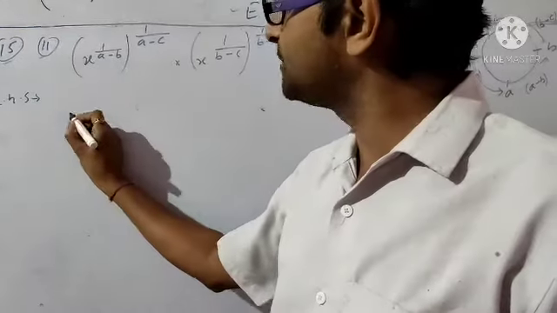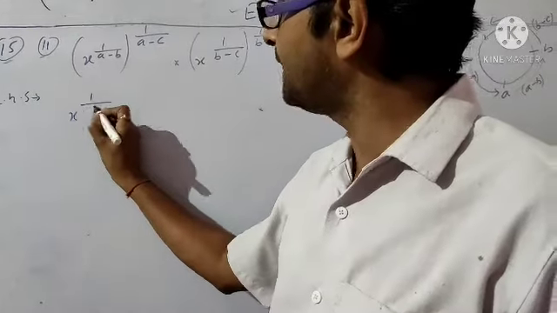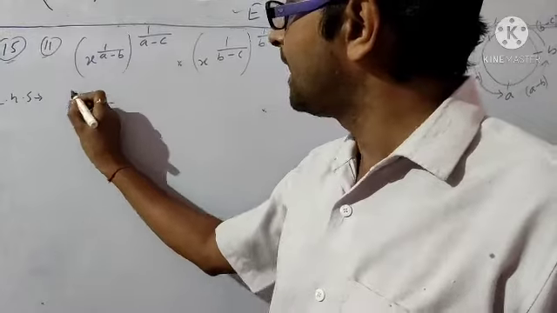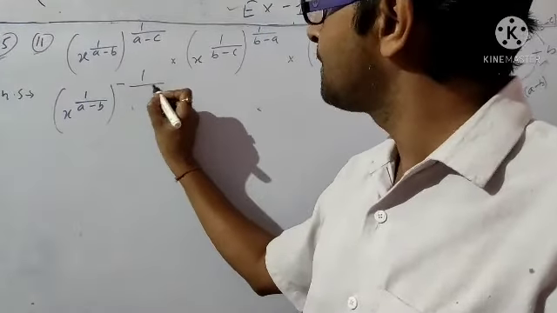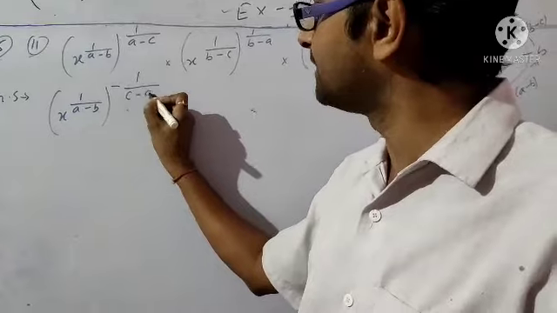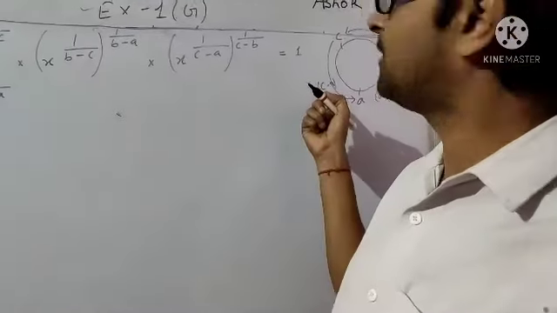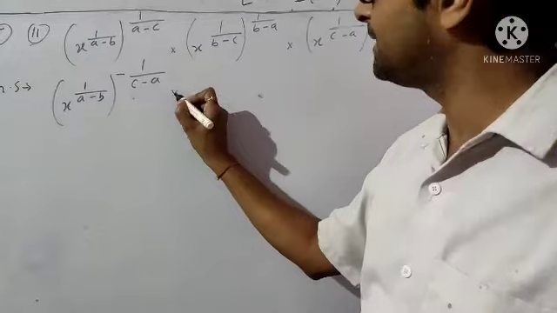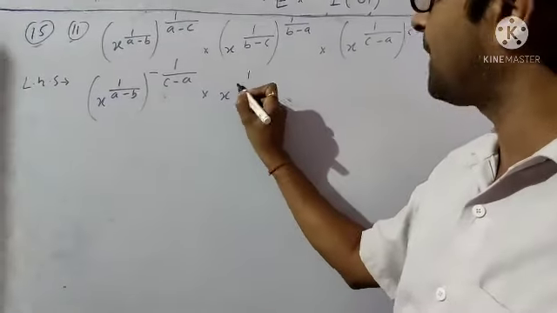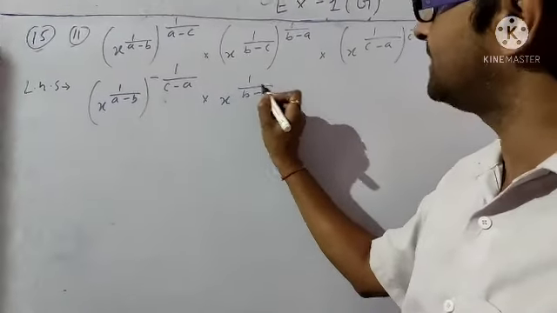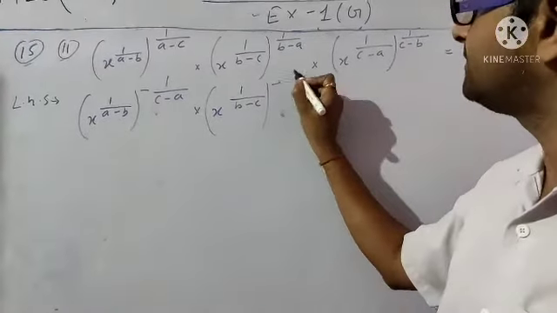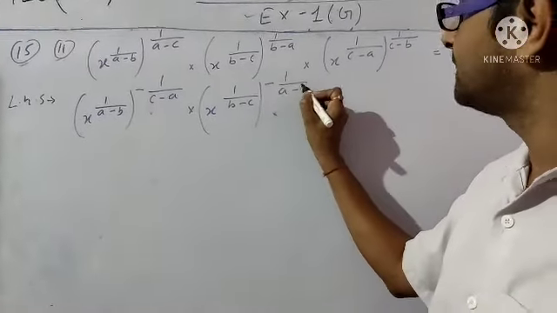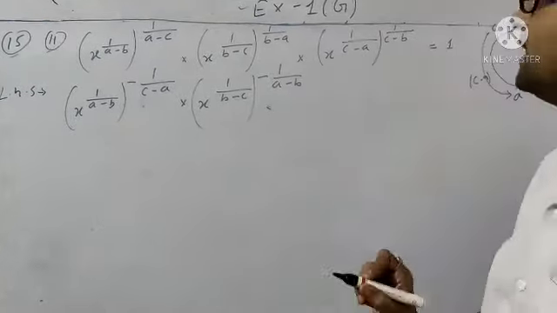So here student, x to the power 1 by A minus B, and take the negative value here, 1 by C minus A, because this is the form of cyclic order C minus A, and x to the power 1 by B minus C as it is, but take here minus 1 by A minus C, because this is not a form of cyclic order.